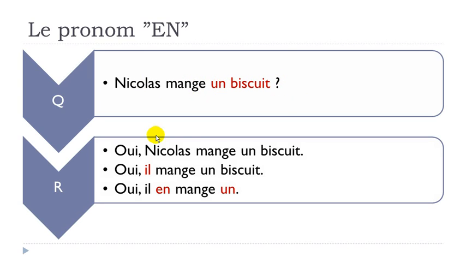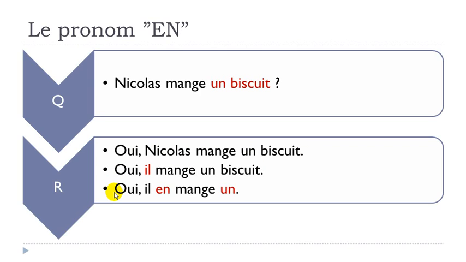First answer, oui, Nicolas mange un biscuit. Same thing as previously, you just put everything again. Second possibility, you don't want to repeat Nicolas. Oui, il mange un biscuit. All right? Last option, you don't want to repeat Nicolas and you don't want to repeat biscuit. Okay?